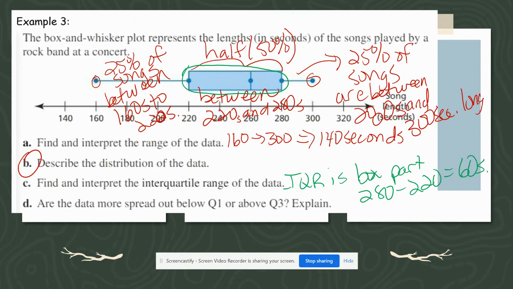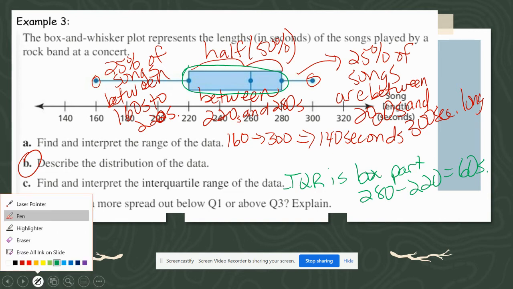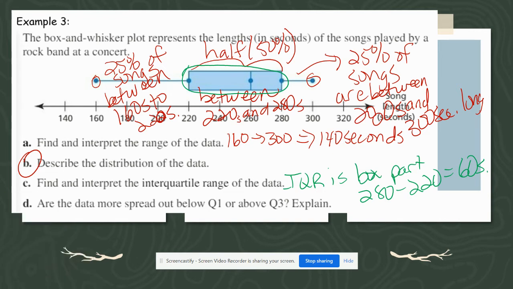Are the data more spread out below quartile 1 or above quartile 3? Well, if we look below Q1, that's the left whisker.